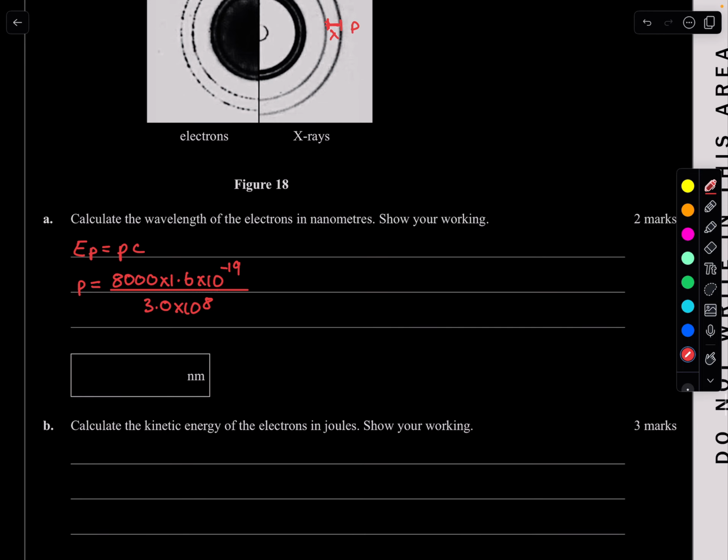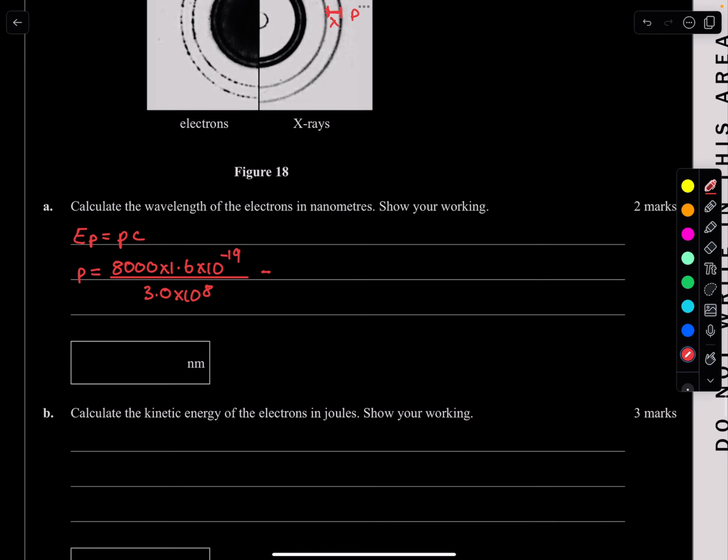That gives me a very small number. Our momentum has come out to be 4.26 times 10 to the negative 24 kilogram meters per second. So we got that momentum. Since momentums are the same, I can go to the electrons and equate it.